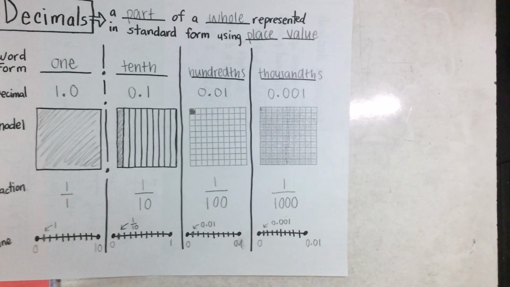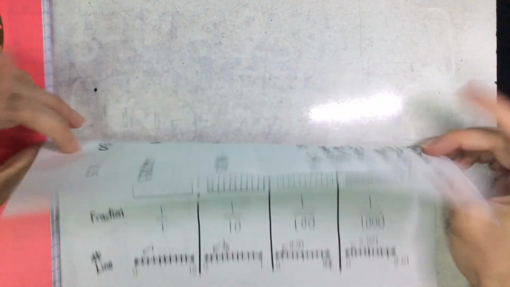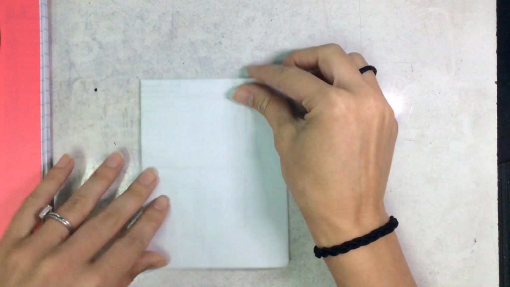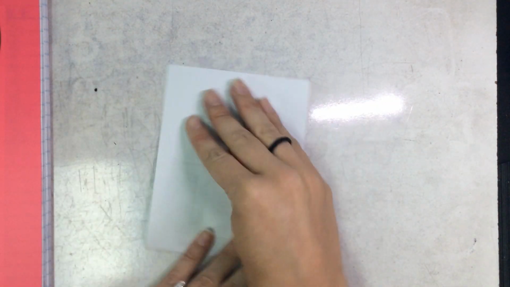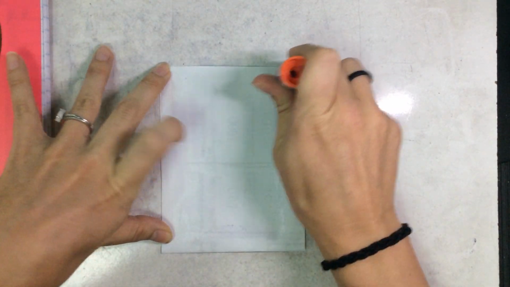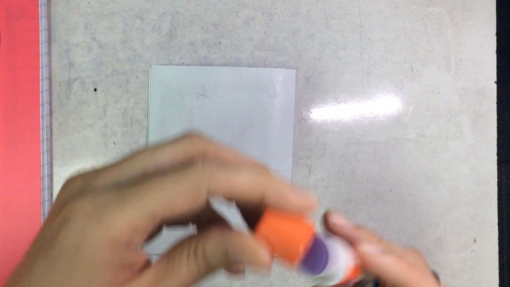All right, so that is all we're going to write in our foldable today. So I want you to fold it back up, and we're going to put the glue on this back side and glue it into our math notebooks. Make sure you put this in your table of contents as well. So remember, when we glue, we line the edges and put an X in the middle and stick it down nice and good on your next blank page.